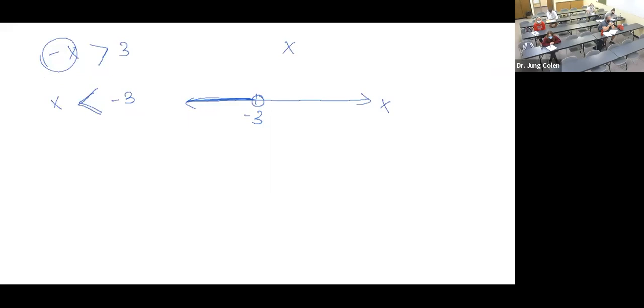How about this one? Solve the inequality 3x minus 5 is greater than 7. And I will ask maybe a couple of you to come to the board and solve for it. Okay? Anybody here, by the way? Daisy?